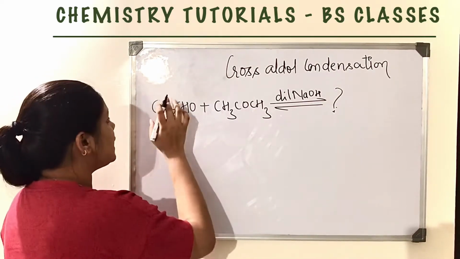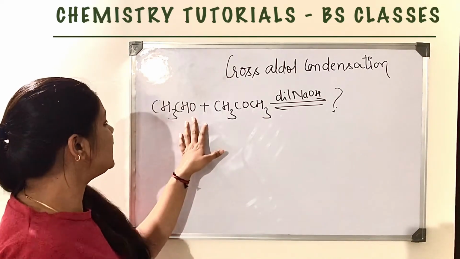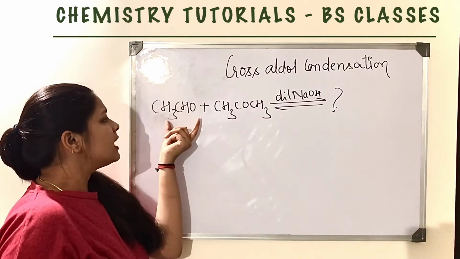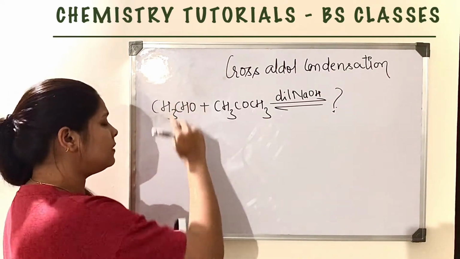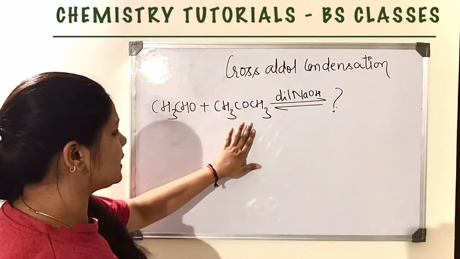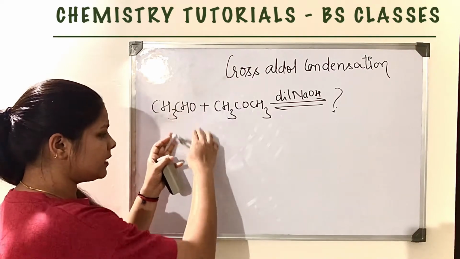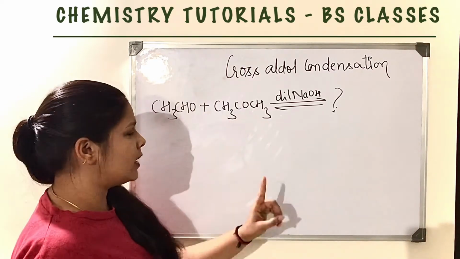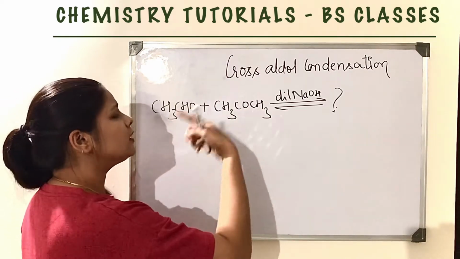First, there are many possibilities for this reaction. The first possibility is when this aldehyde reacts with itself, and the second possibility when this ketone reacts with itself. That means when this aldehyde reacts with itself, then there's a formation of one product, and the second product is formed by the reaction of this ketone with itself.